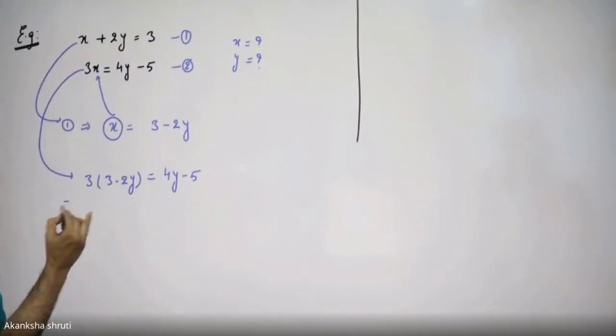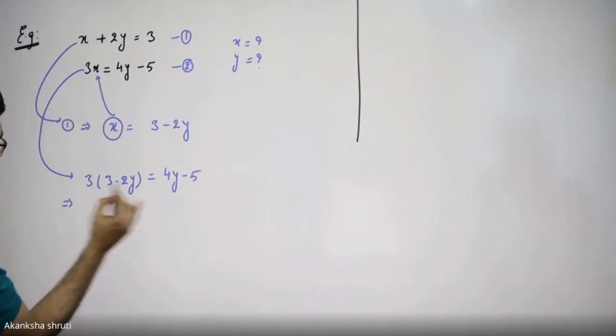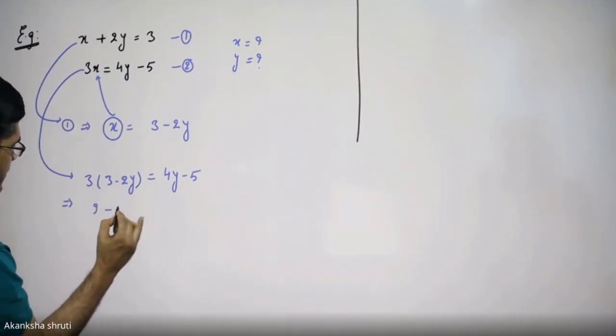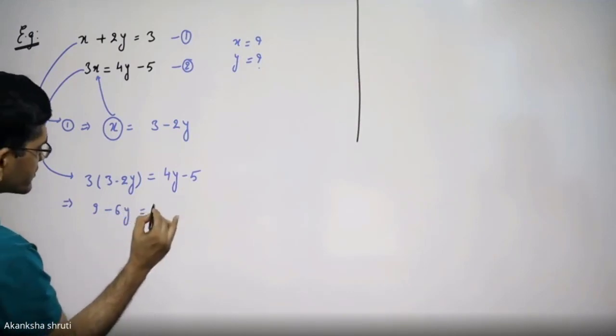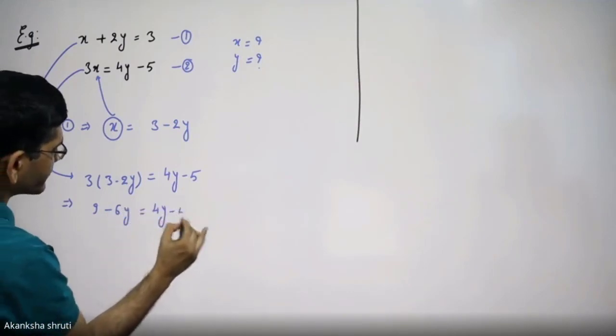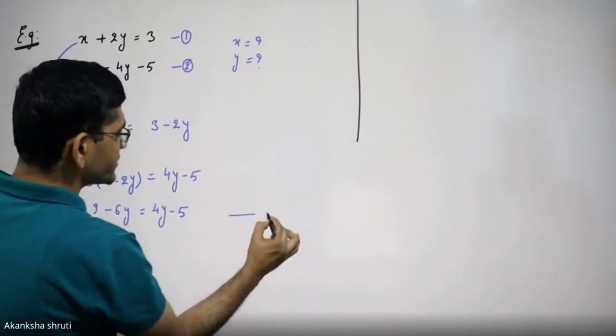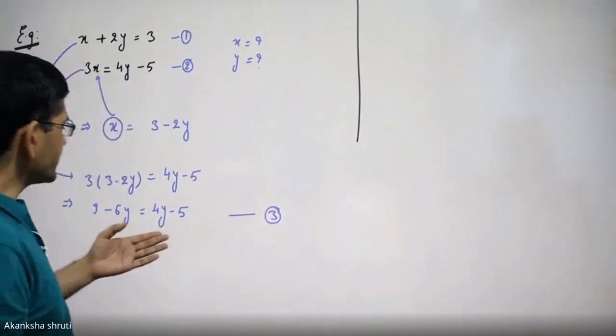See what we have now? Go for the distributive property. 3 times 3 is 9, minus 3 times 2y is 6y, is equal to 4y minus 5. What is this equation? This is our equation number 3, students.